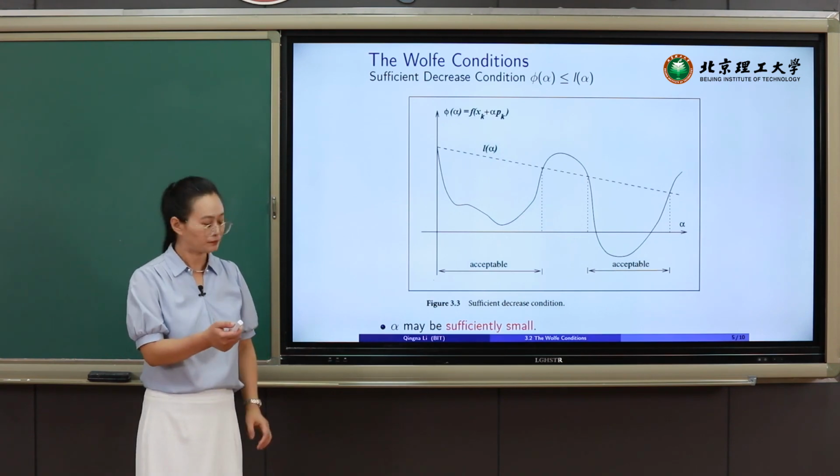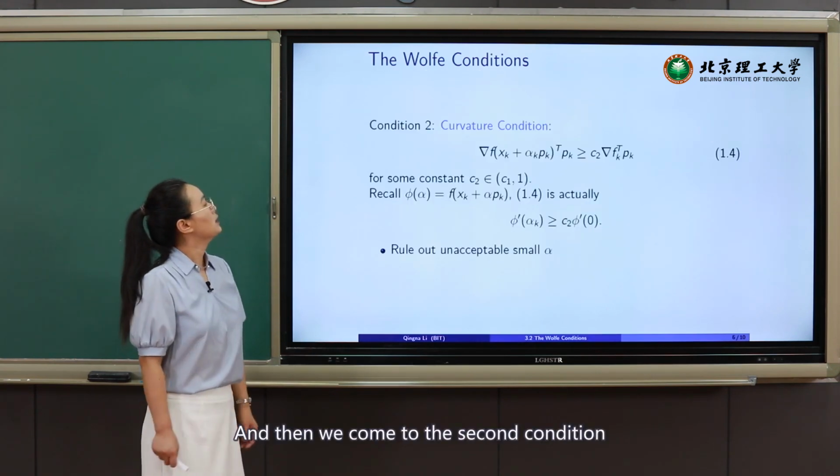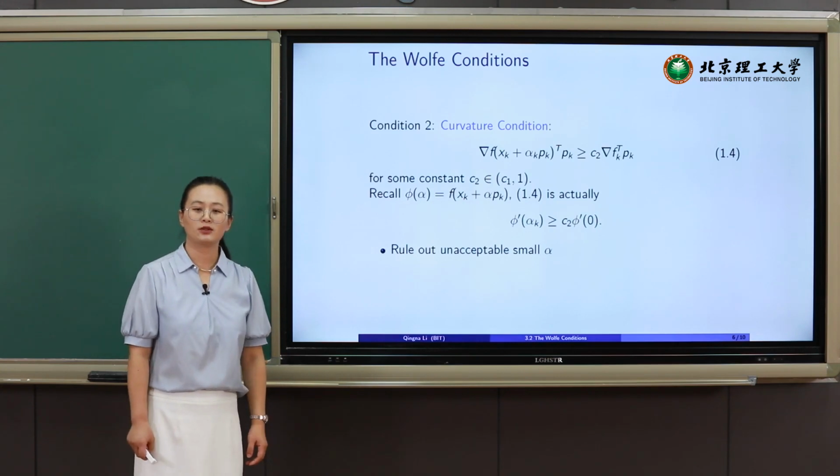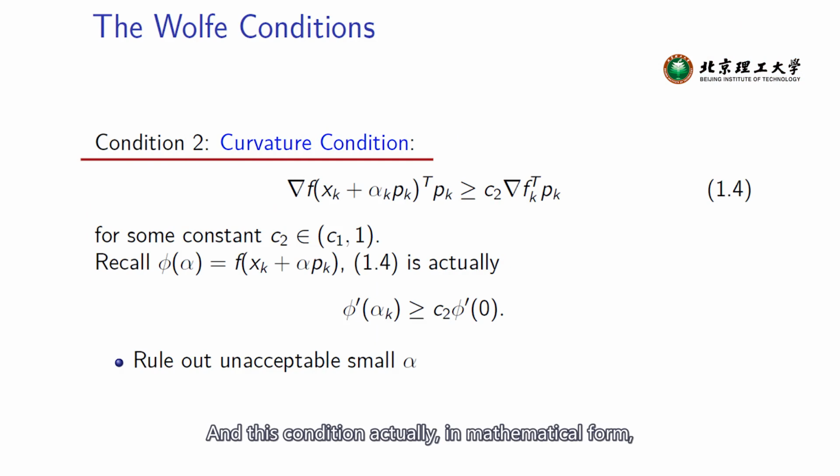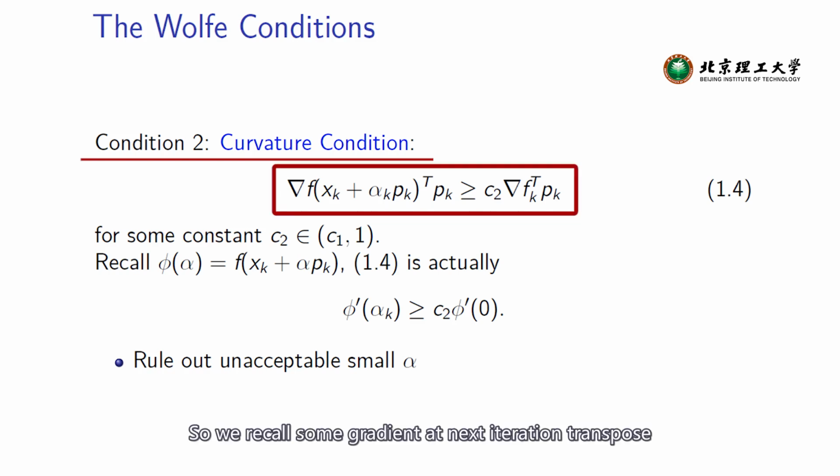All right? And then we come to the second condition, called the curvature condition. In mathematical form, it is presented like this. We recall the gradient at the next iteration, transpose pk, is greater than or equal to a constant ratio of the gradient at the current iteration multiplied by pk.